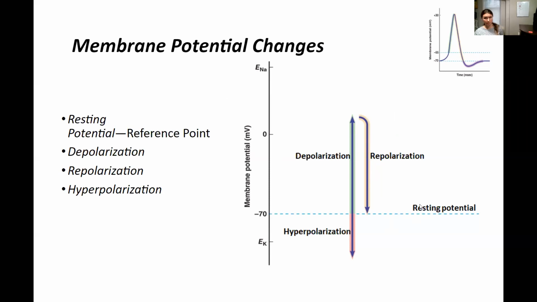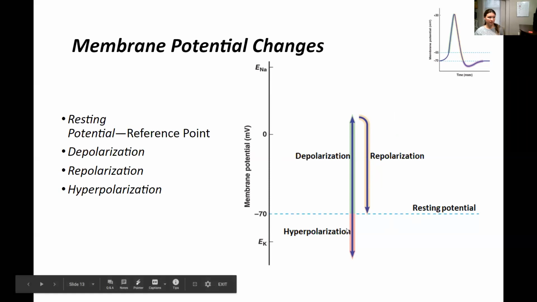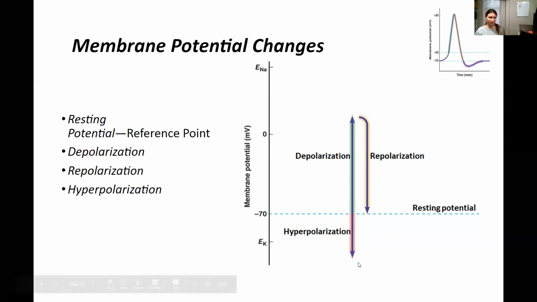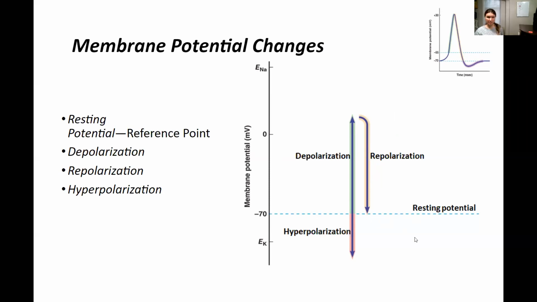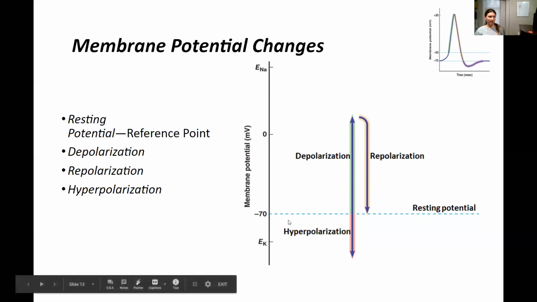That'll be due mainly to potassium. We can also see hyperpolarization, which will happen at the end of our action potential, but is also what would happen in response to an inhibitory stimulus, which is when we move even farther away from -70, so even closer to our potassium equilibrium potential, so we become super negative.